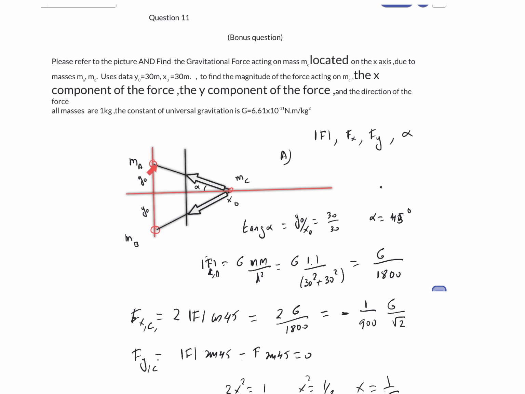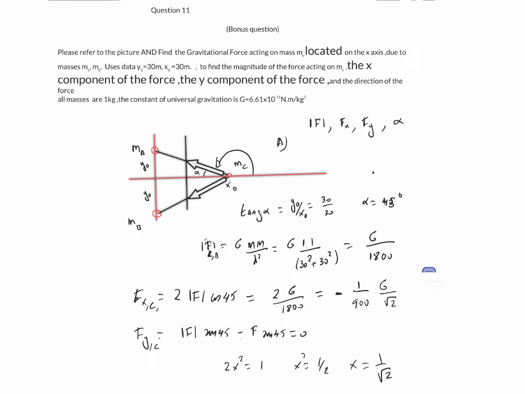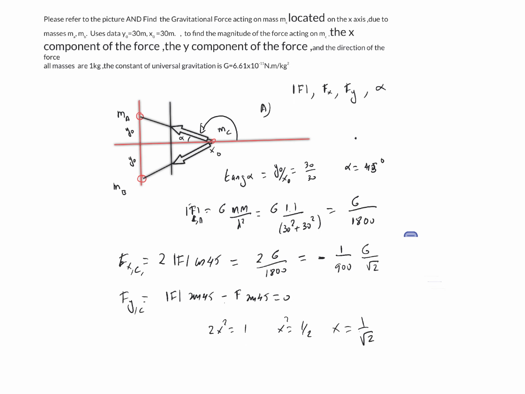This mass is at the distance y0. So how will I do it? The problem is asking me for the magnitude of F, for Fx, Fy, and the angle alpha, or the angle with the x-axis, this angle. I think it was asking that in the original problem.